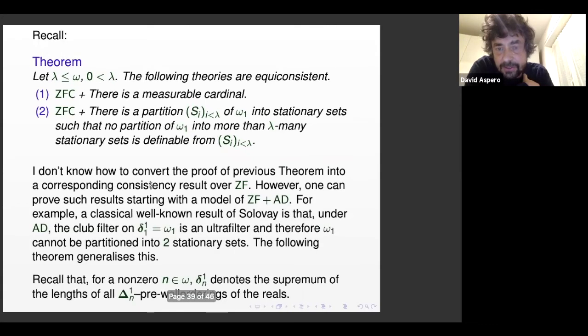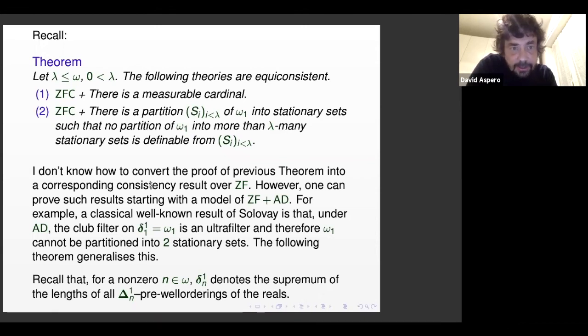That's not obvious. However, you can prove such results if you start with, say, a model of ZF together with determinacy. So, for example, by a classical result of Solovay, under the axiom of determinacy, the club filter on omega 1 is an ultrafilter, and therefore you cannot split omega 1 into more than two stationary sets.